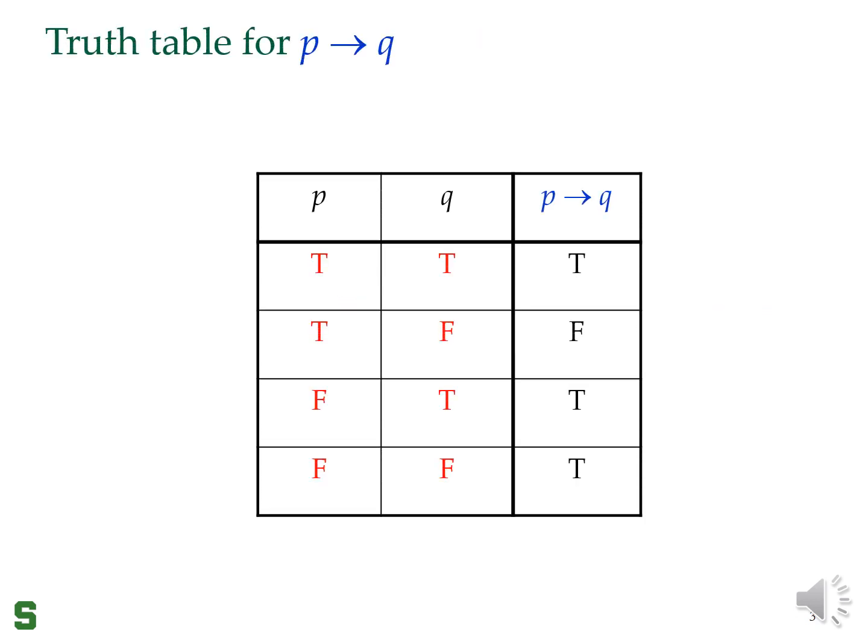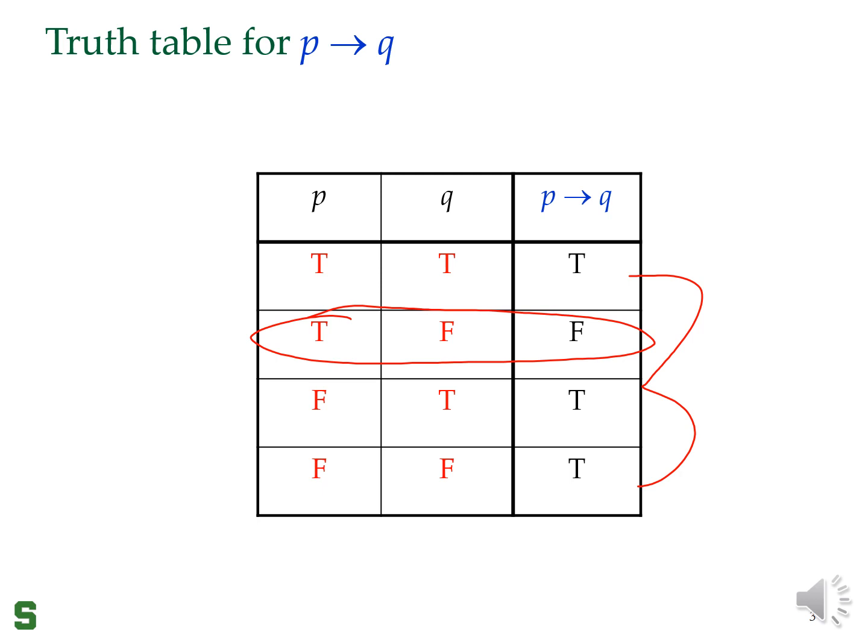That means P implies Q is going to be false in that situation. So let's look at the truth table for P implies Q. The only place where P implies Q is going to be false is in the second row, because here P is true and Q is false. And in all the other ones, P implies Q is going to be true. So if P is true, Q is true, P implies Q is true.